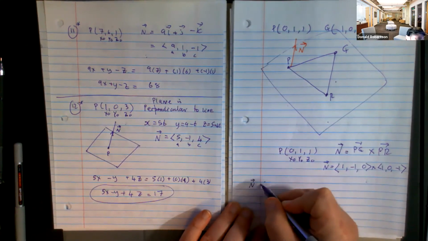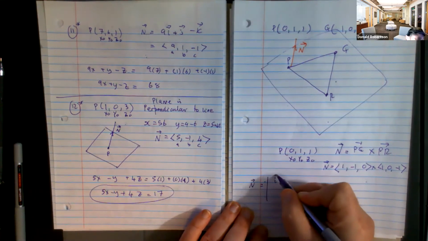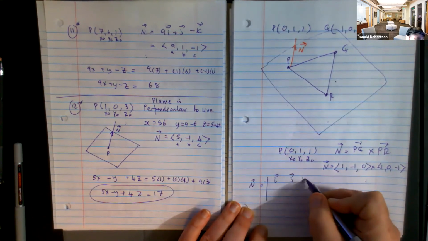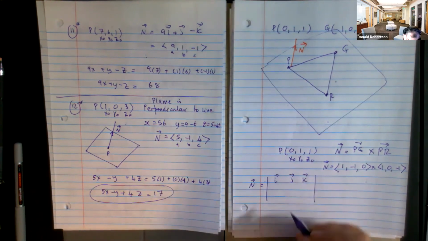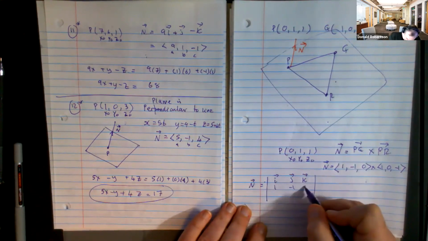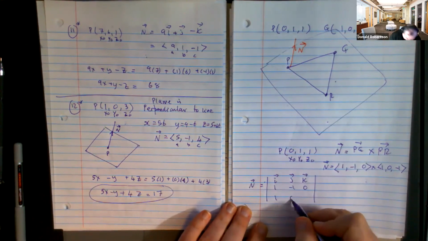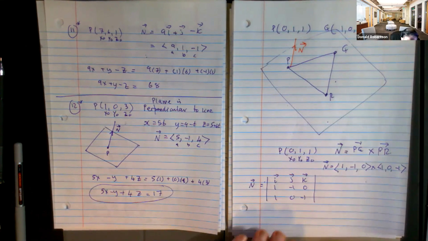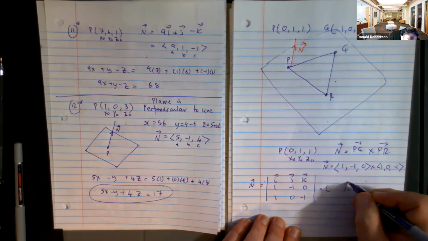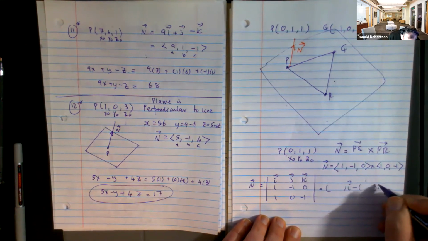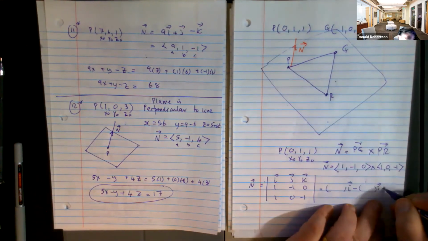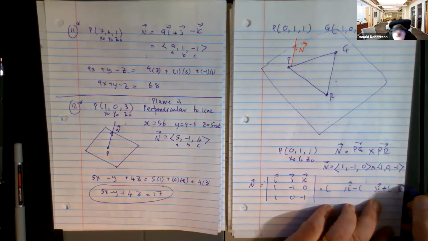It's going to be an I, a J, and a K. And 1, -1, 0, and 1, 0, -1. That's so many I's, take away so many J's, plus so many K's.